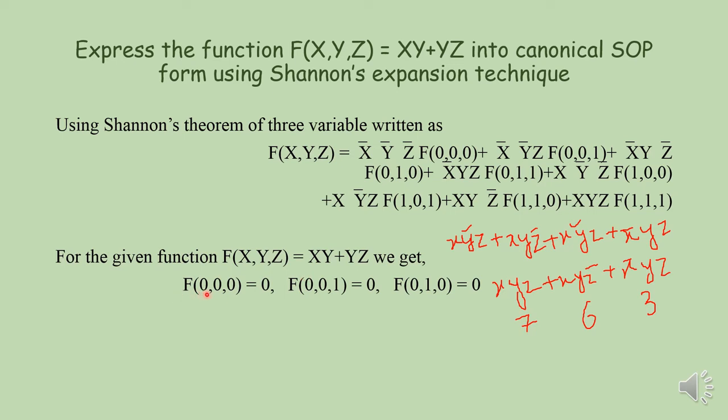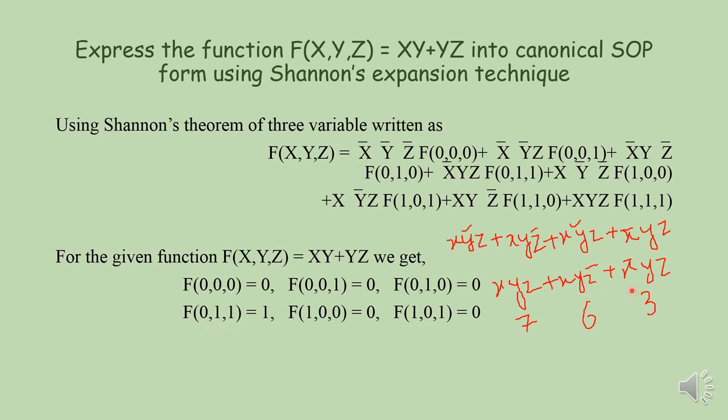f 0 0 0 is equal to 0 because this term is missing. f 0 0 1, that is x bar y bar z, this term is also missing, so here we write 0. f 0 1 0 means x bar y z bar, this term is also missing, so here we write 0. Next, f 0 1 1, that is x bar y z.